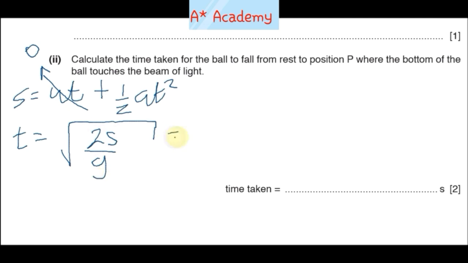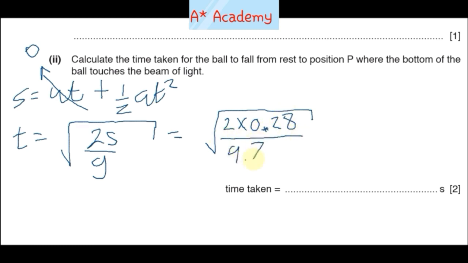Right, so that will give us the square root of 2 times 0.28, all over 9.81.